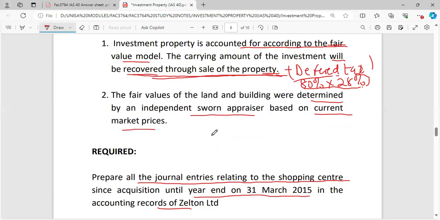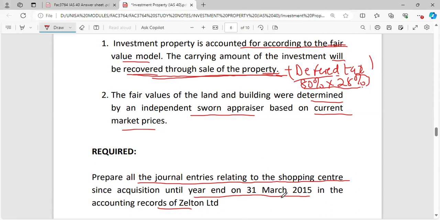What do you think we should record here? Is there anyone who has got an idea of what we can record here in the journal entry? They say prepare all the journal entries relating to the shopping center since acquisition until year end on 31 March. What do you think we are going to record on this journal? Based on the information that we have.